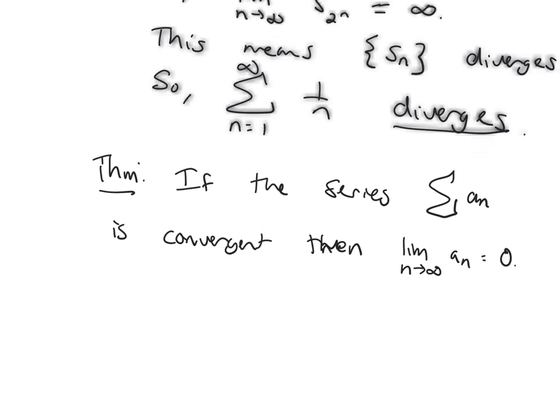It doesn't seem that helpful, because this statement is just saying if you already knew that your series converges, then you know that the limit of your terms is 0.